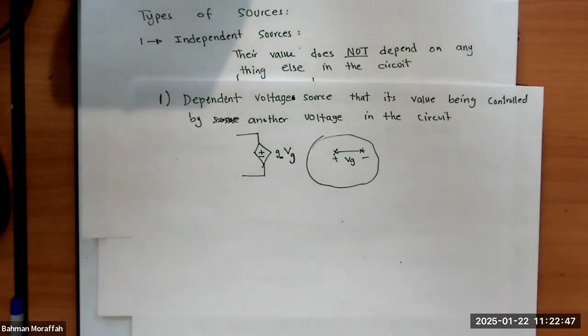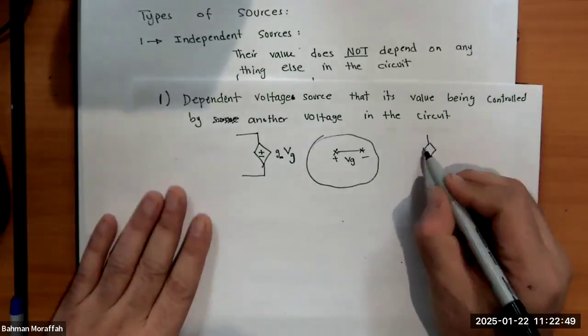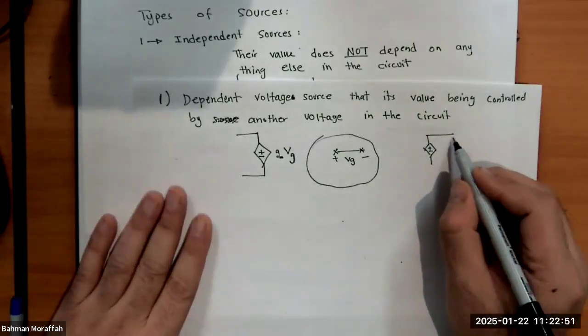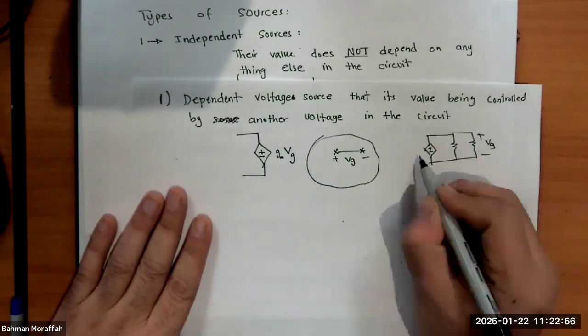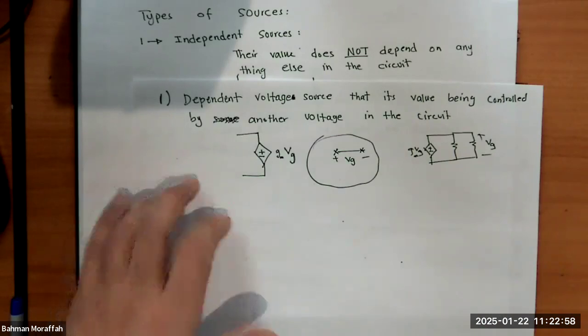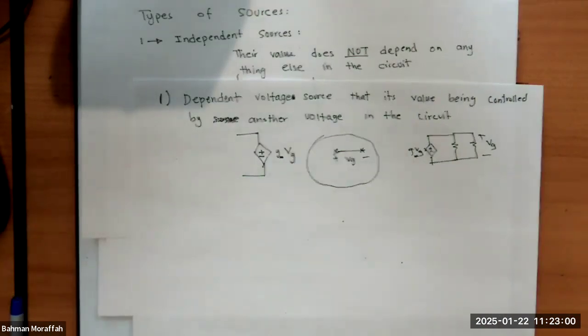So for example, if I have a circuit that looks like this, Vg could be this one. So it basically depends on a voltage in the circuit.